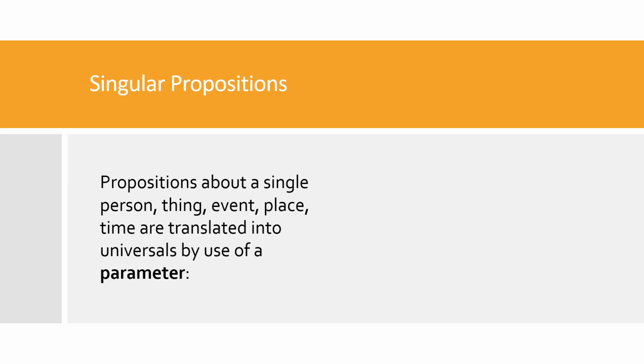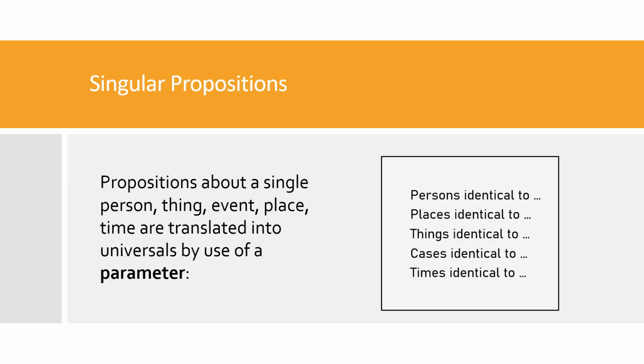And then we'll use what is called a parameter. And a parameter is simply a phrase stuck in front of the object you're talking about that is identical to something like persons identical to, places identical to, things identical to, cases identical to, and so on. So notice if we go back to the example I just gave you, if I say this table is brown, what I want to say is all things identical to this table.